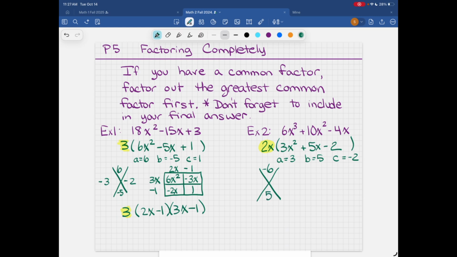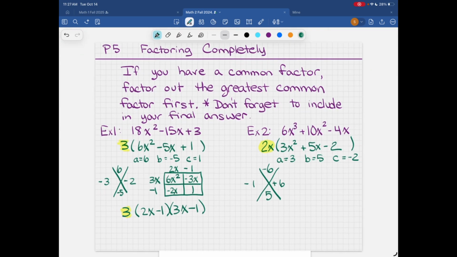My b value is 5. Now I'm looking for two numbers that when I multiply them, they are negative. So one is going to be negative and one is going to be positive. And in this situation, the bigger number is positive. So negative 1 times positive 6 is negative 6, and negative 1 plus 6 is 5.